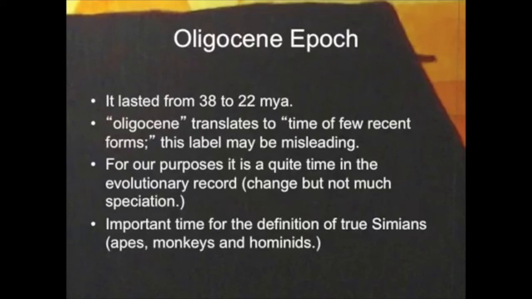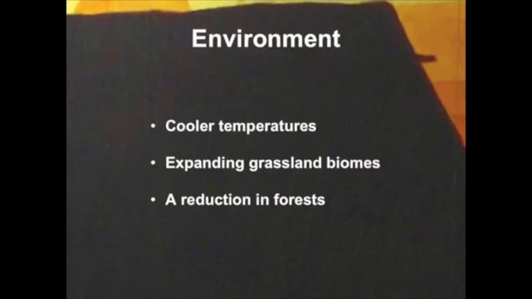However, it is an important time for the definition of true simians, in this case, living forms of ape, monkeys, and hominids. During the Oligocene epoch, we see quite a bit of populational migration, in this case associated with a changing climate.